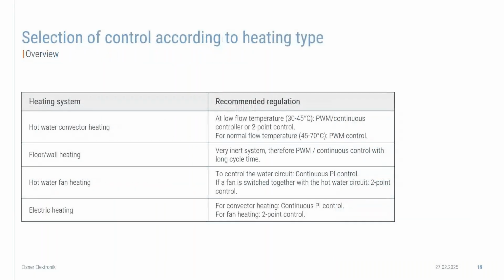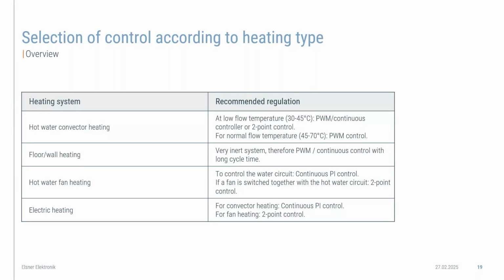Let's have a look at the different heating types and the recommended heating mode. So for example, if in the house or in the project that you're working on, you have a hot water convector heating, it is recommended that you go for a pulse width modulation or a continuous controller or a two-point control.